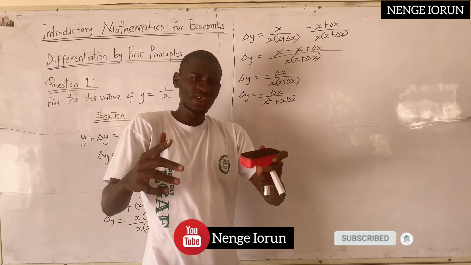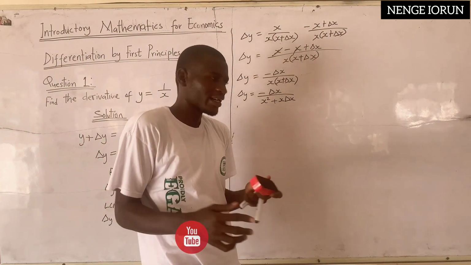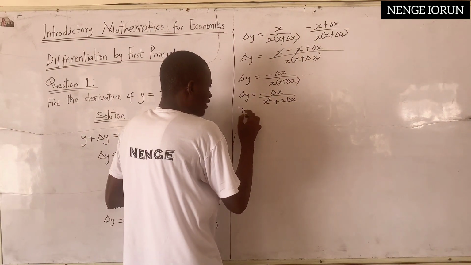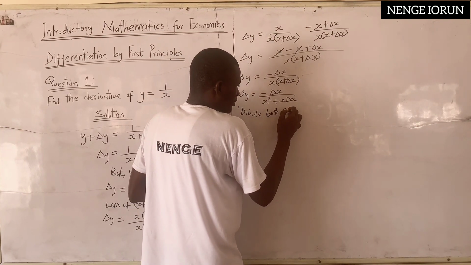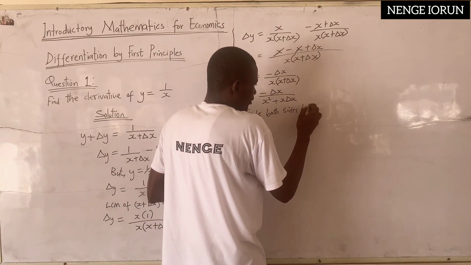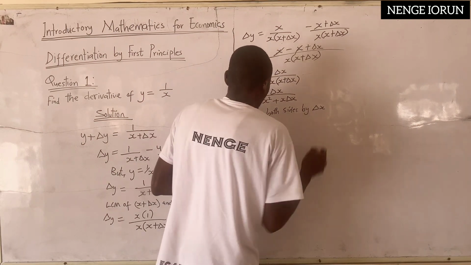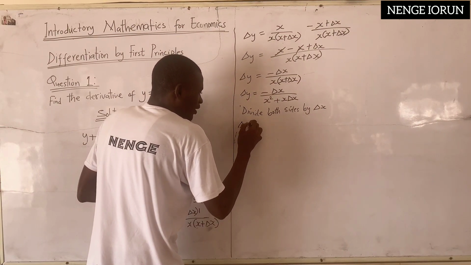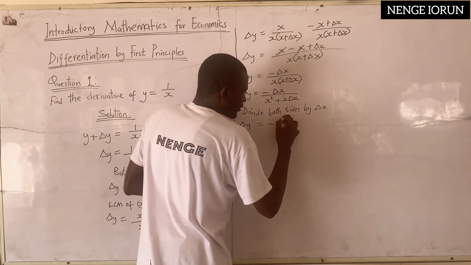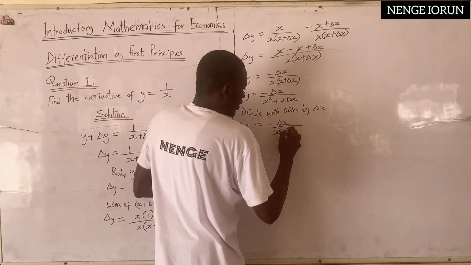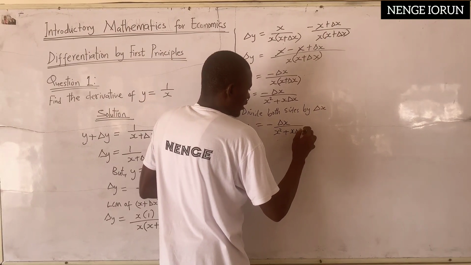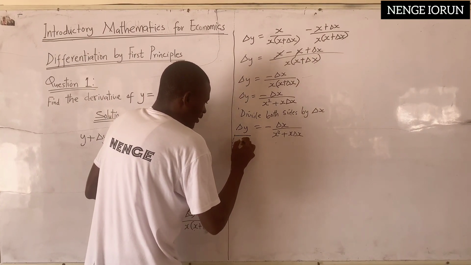To get that situation, we divide both sides by delta x. So you have delta y over delta x equal to minus delta x, over x squared plus x delta x. Divide this side by delta x.